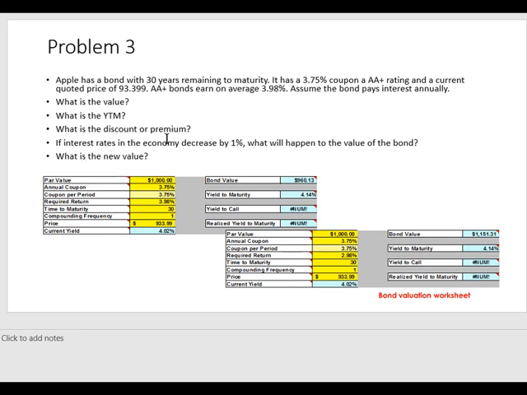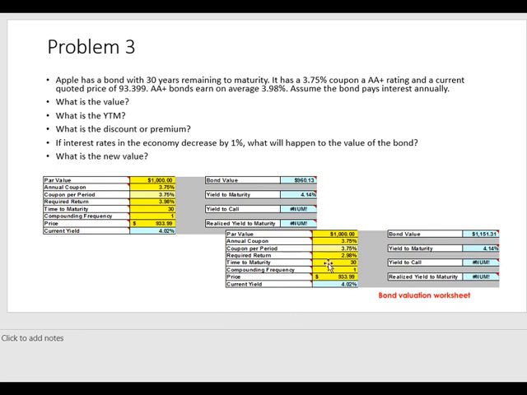If interest rates in the economy decrease by 1%, what's going to happen to the value of the bond? Well, again, when interest rates change, the required return changes. That means it's going to go down by 1%. We would expect the value of the bond to increase.